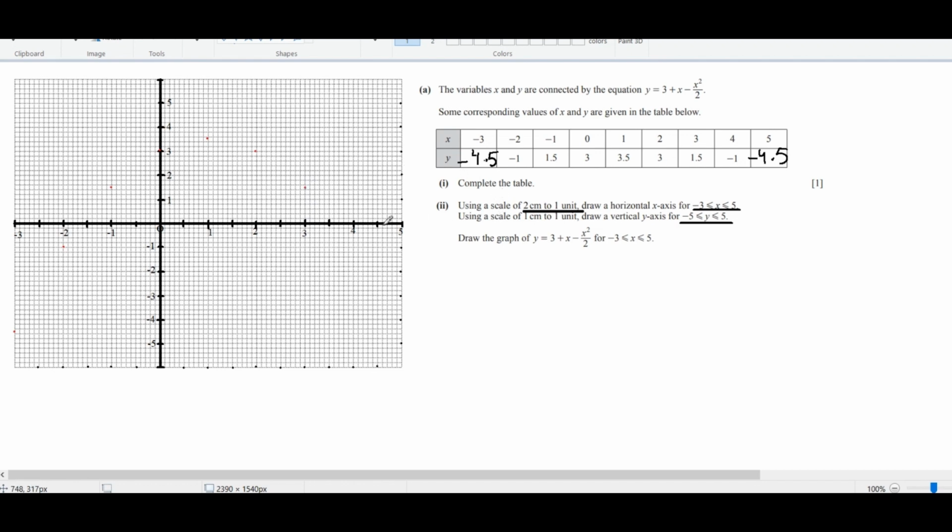4 and -1. This is 4 on the x-axis. Again, this is -1 on the y-axis. 5 and -4.5 should be somewhere around here. Now I'm going to use the same color, red, and draw a smooth curve around the points. It's going to be a freehand drawing. We don't have to use a ruler.